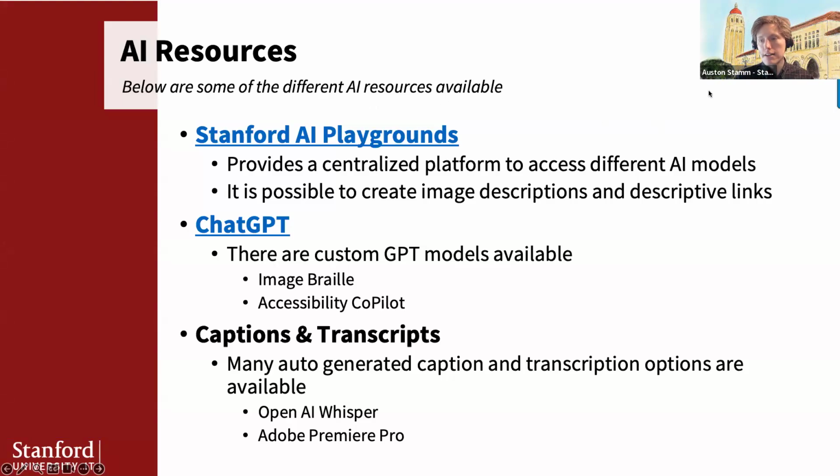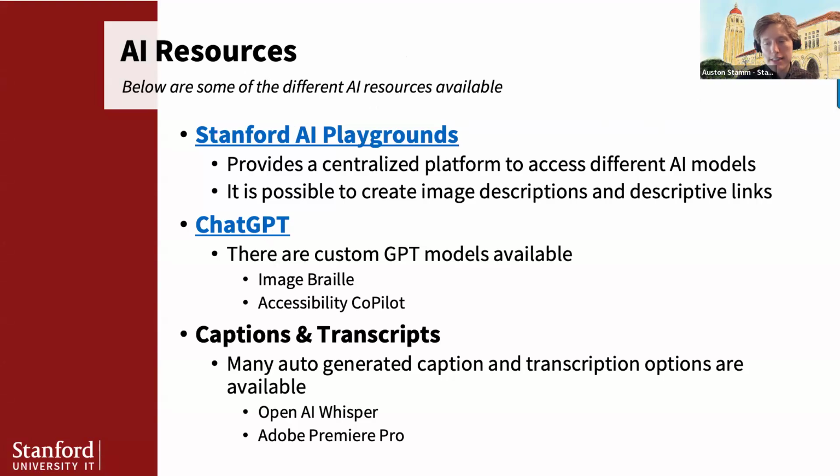So I'm going to pivot from talking about document prioritization and identifying and screening different documents to looking more at AI and different resources you can use. I'm going to be demoing using the AI playgrounds, which are specific for Stanford affiliated folks, but there are a lot of different AI platforms like ChatGPT, Google Gemini, and Anthropic.